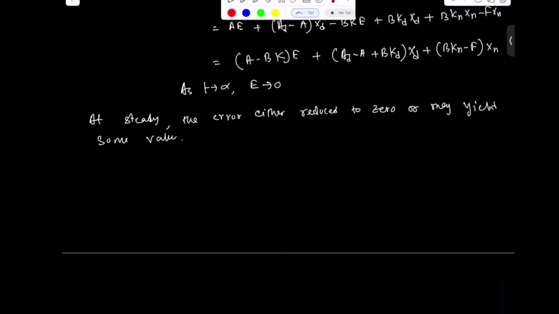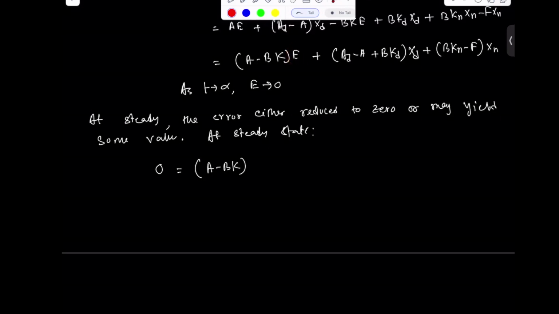So at steady state, we can write 0 equal to A minus BK. So at steady state e is going to zero, either zero or some small value.